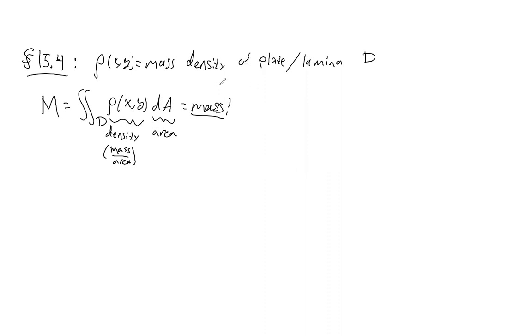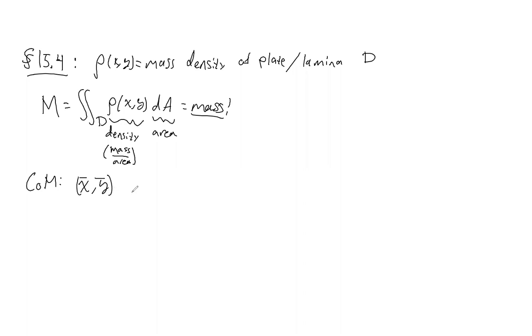And that could be volume if you're talking about some surface over something. You can talk about mass. It can also be electric charge, which is a little more interesting because charge can be negative. Mass can't be negative, but charge can, and you can talk about the total charge of a charged plate, like an electric potential or something like that. And the center of mass, same principle.